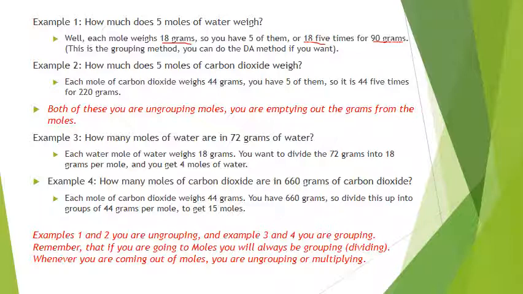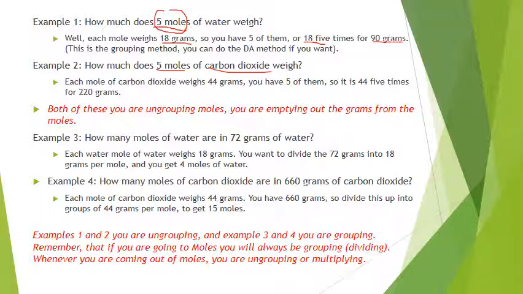Okay, next problem. How much does 5 moles of carbon dioxide weigh? Again, in the first example, you have moles, and you're going from moles to some other thing. Moles is a group, so you're going to be ungrouping, so your number will be bigger. So each water weighs 18 grams, and you have 5 of them, 90 grams.